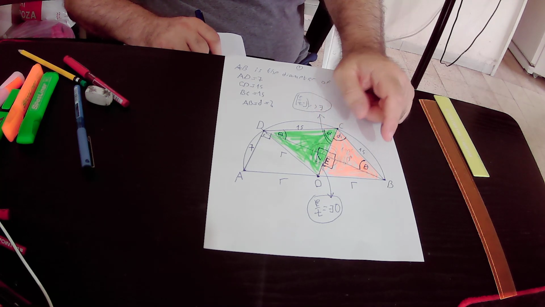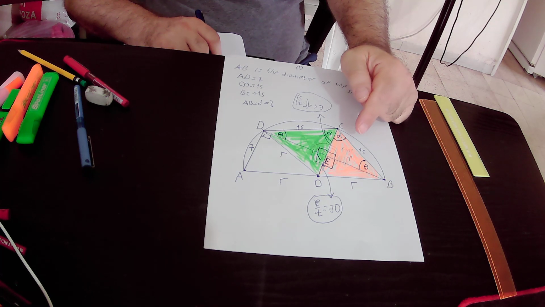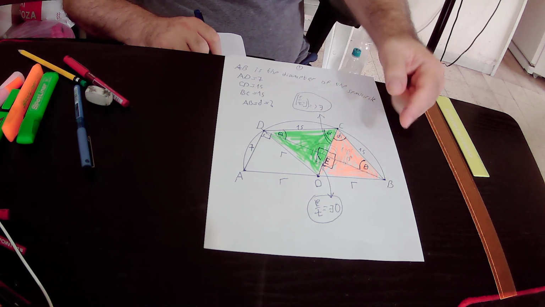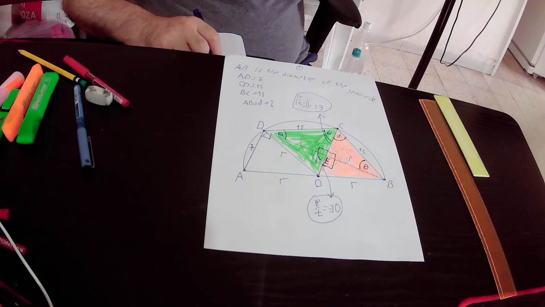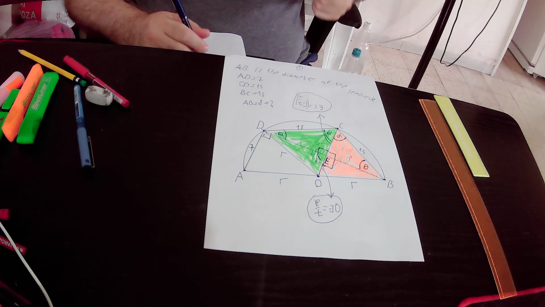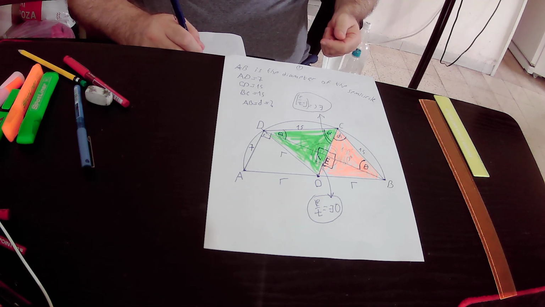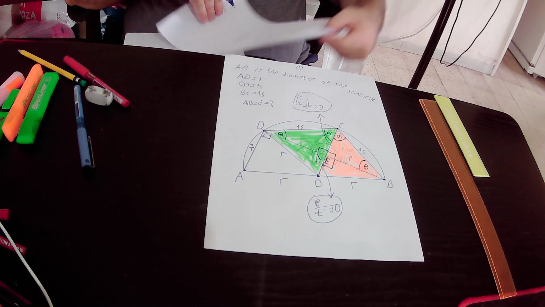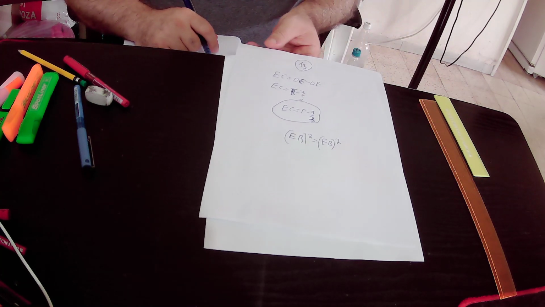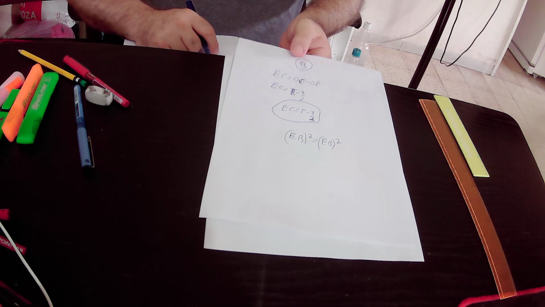It actually belongs to the right triangle CEB, and side EB also belongs to the right triangle EOB. So we can create the equality that states that EB square equals EB square.